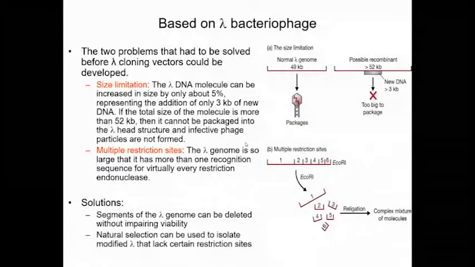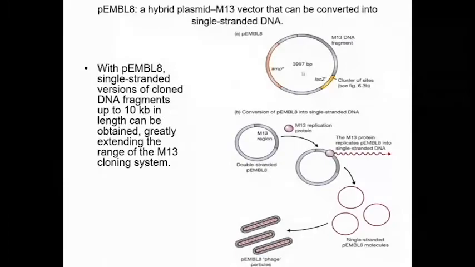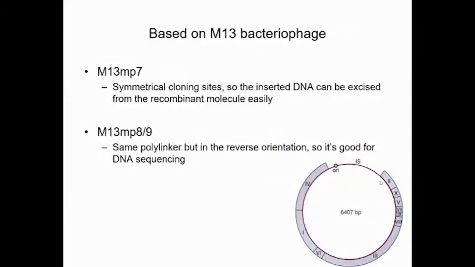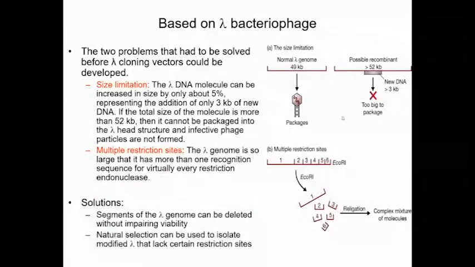And the Lambda bacteriophage. Do you see the difference? Even the M13, the size is small, right? It's less than 10 kilobases. And then the Lambda bacteriophage is 49 kilobases. It's too long, so there's a size limitation.